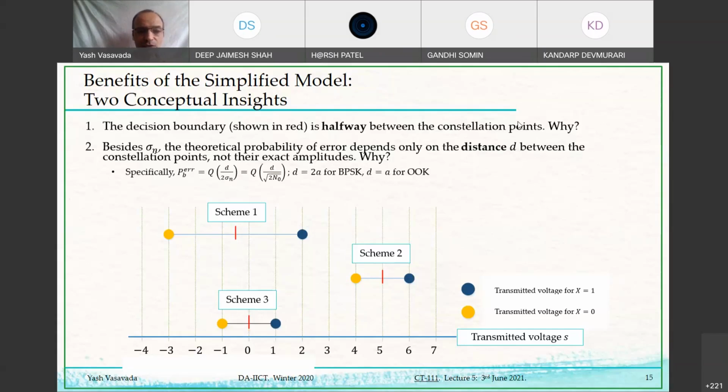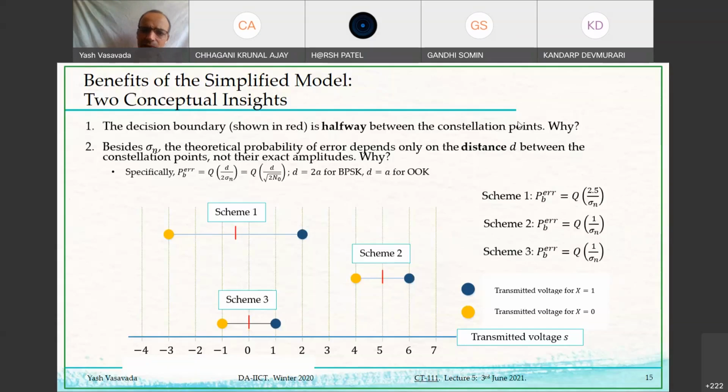Q function of 5 by 2 sigma n, or 5 divided by square root of 2 N naught. Yes. For scheme 2 and scheme 3, it will be just 1 divided by sigma n. So obviously, scheme 1 will perform better.